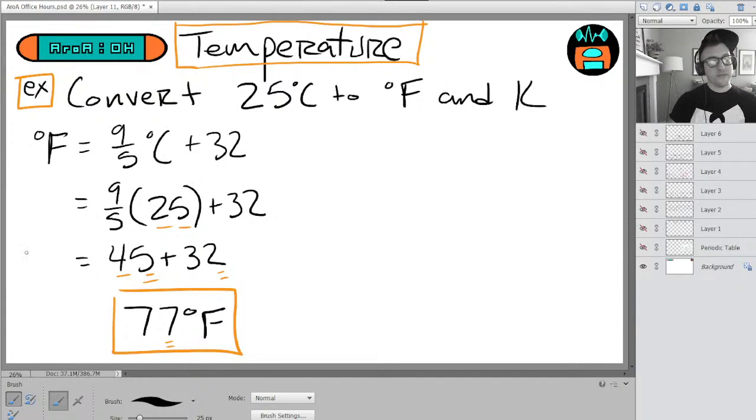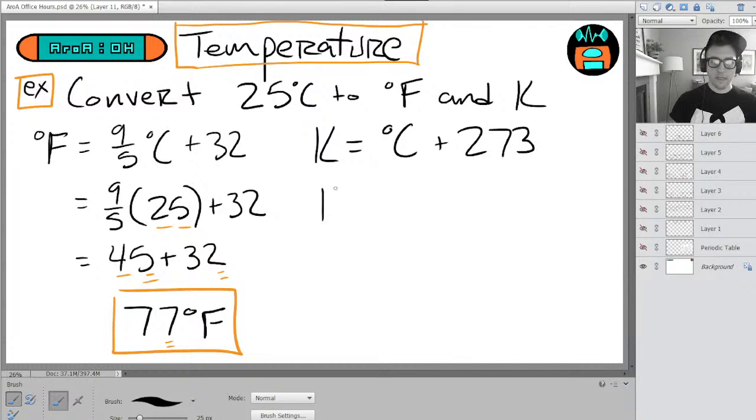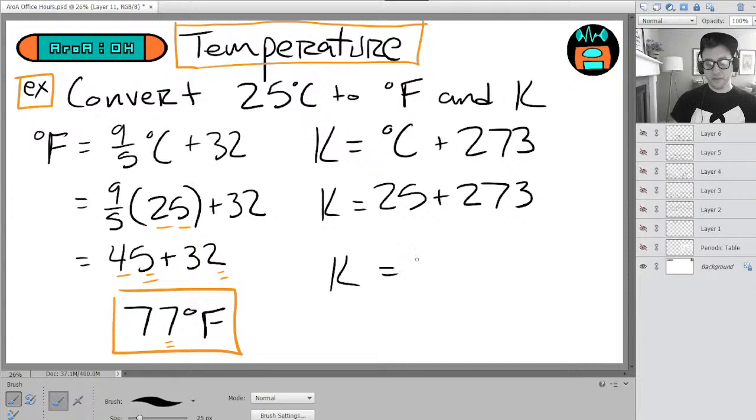Now let's convert 25 degrees C to Kelvin. Kelvin is equal to your degrees C plus 273. All right, so Kelvin is going to equal 25 plus 273. When you punch this into your calculator, it comes out to be 298.